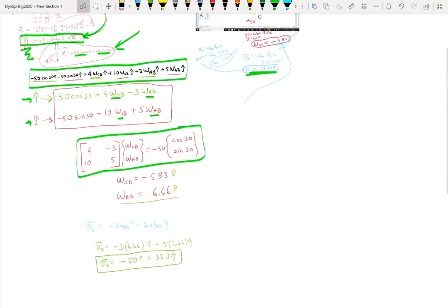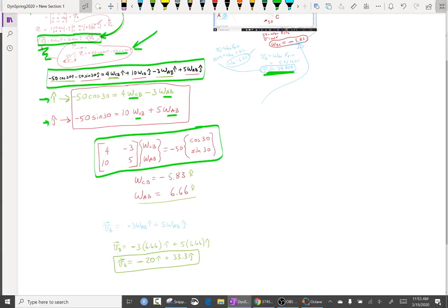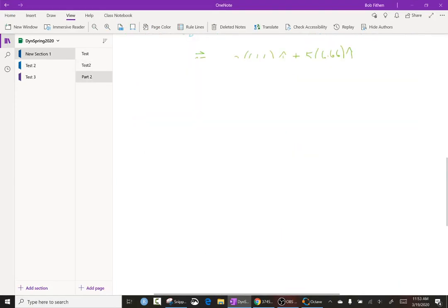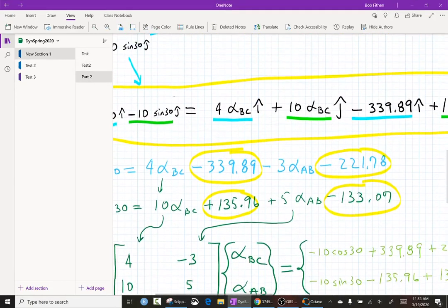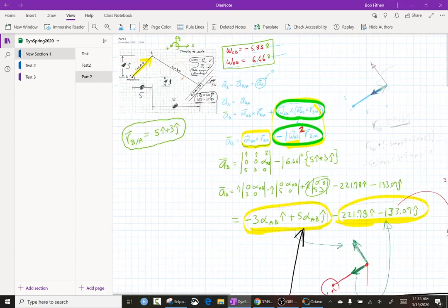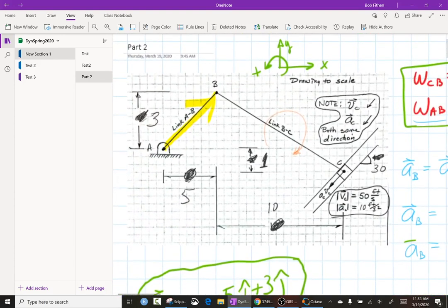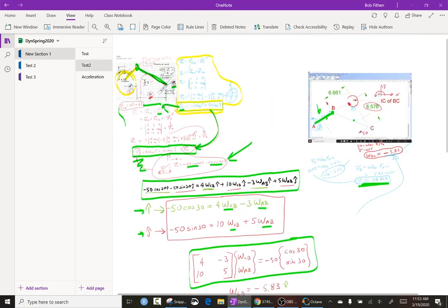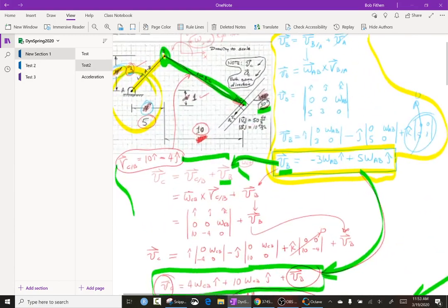Okay, if I want to know the acceleration of B, here's what I should do. I should retitle these things. Retitle this to acceleration, and retitle this thing to velocity.